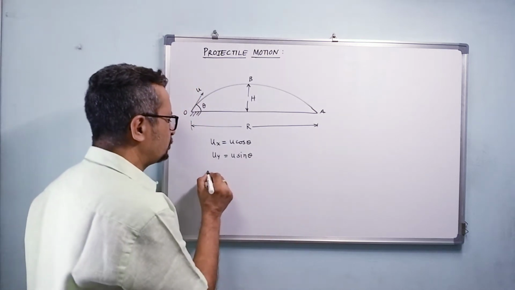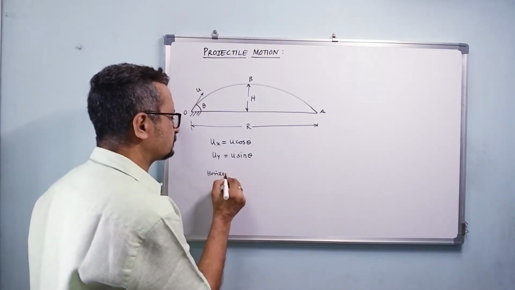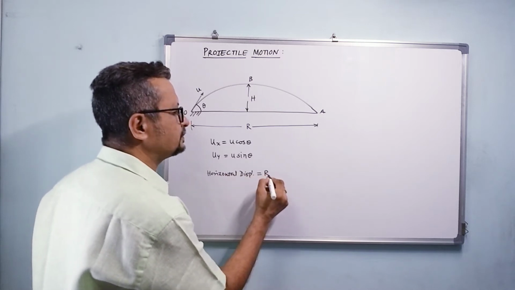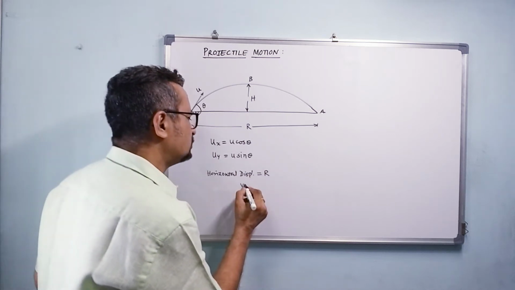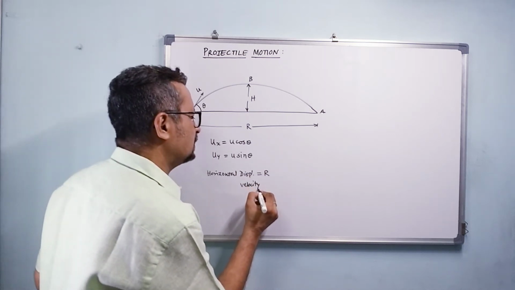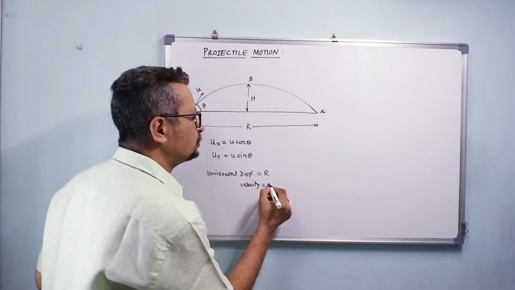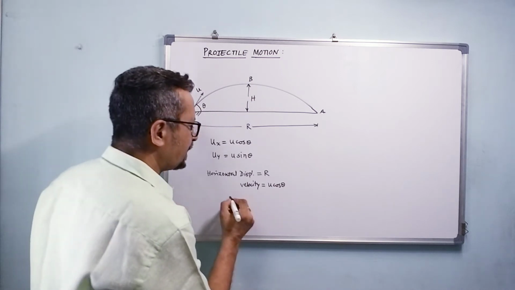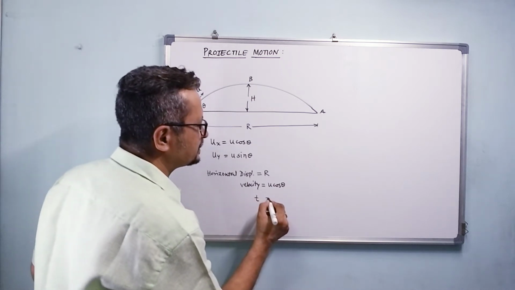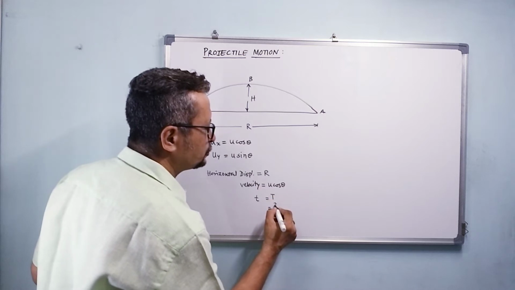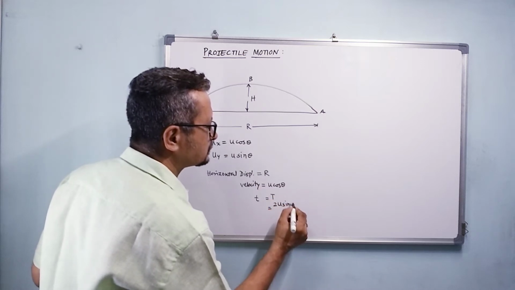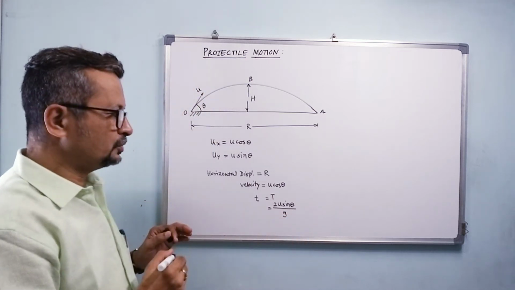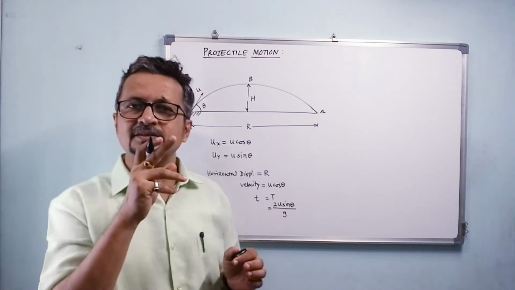So my horizontal displacement is equal to R, horizontal velocity is constant, that is equal to u cos theta, right? And time, that is time of flight, is equal to 2u sin theta upon g, correct?